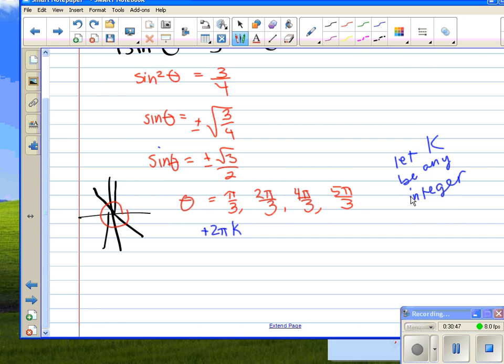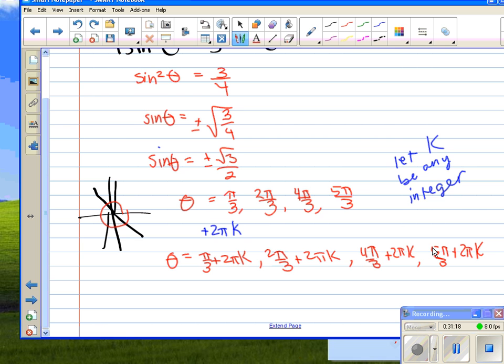All right? So one way you could write this answer, you could say theta equals pi over 3 plus 2 pi k, 2 pi over 3 plus 2 pi k, 4 pi over 3 plus 2 pi k, and 5 pi over 3 plus 2 pi k.